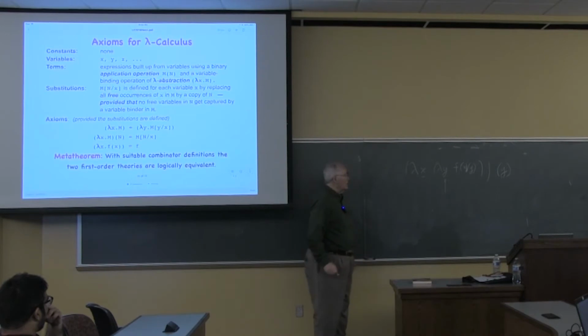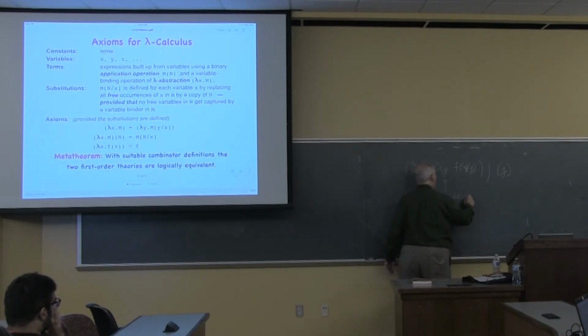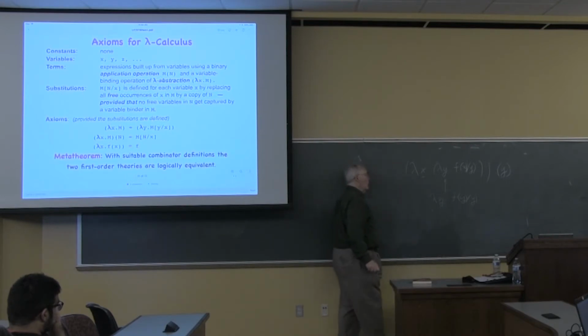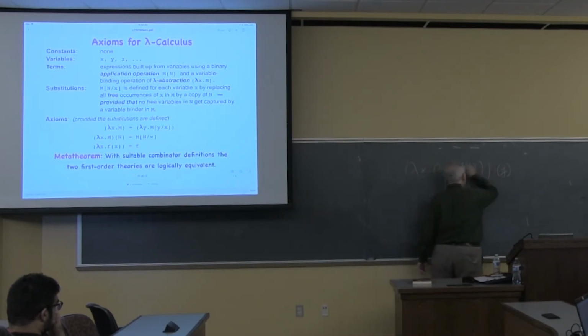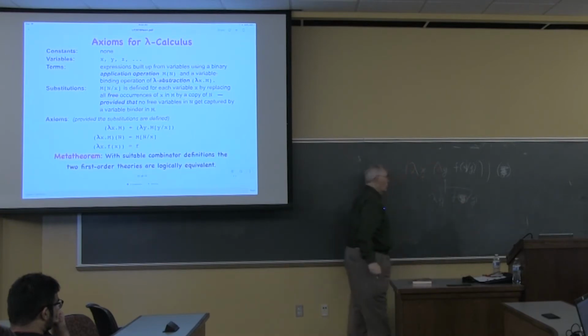Okay? Now I have to be awfully careful, because if I do it blindly by substituting in for x, I'll get lambda y f of y of y. And that answer is wrong. What this should be is something completely different from what you're binding here. This should be something else. And what you want to do is put that something else in there and leave the y working on that.